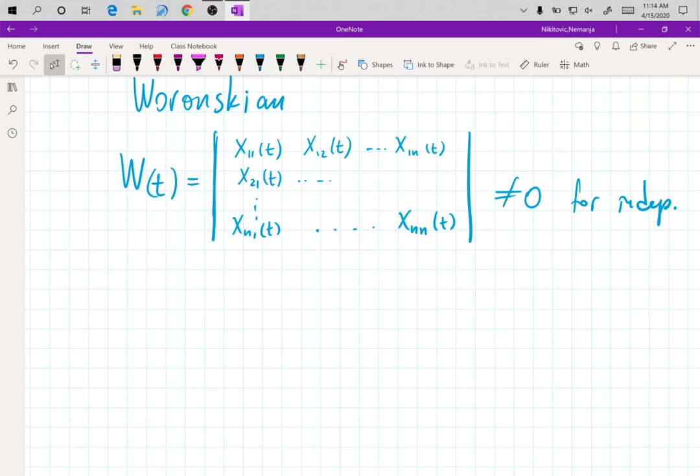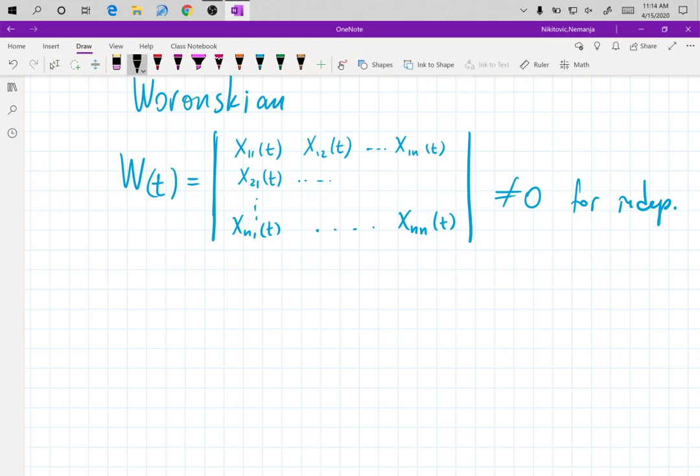So I think that's where we stopped last time, and I did not have time to go through any of the examples to check the independence. So I will pick it up here.